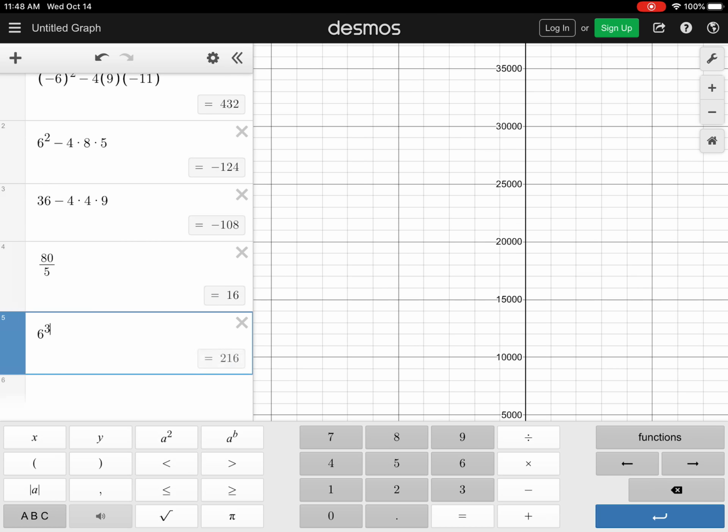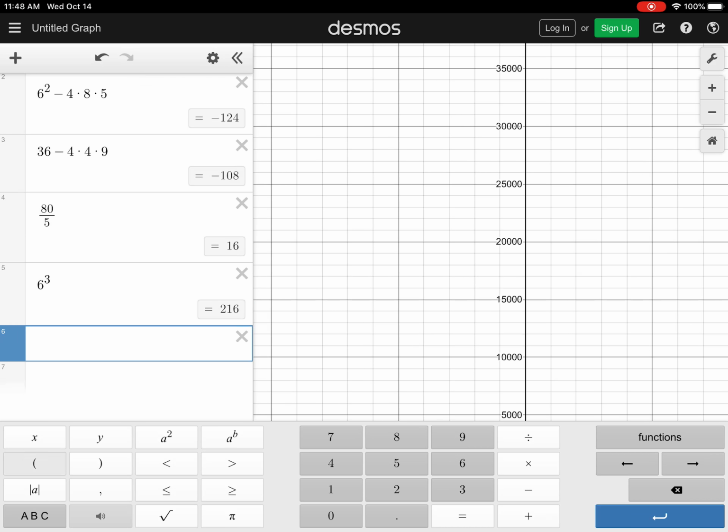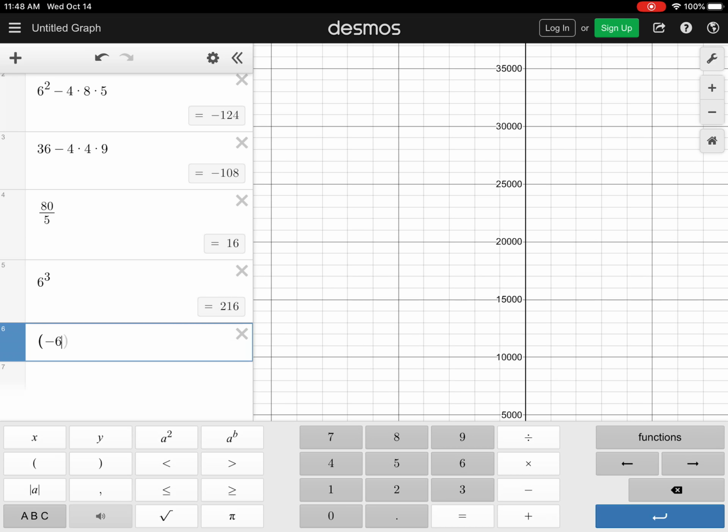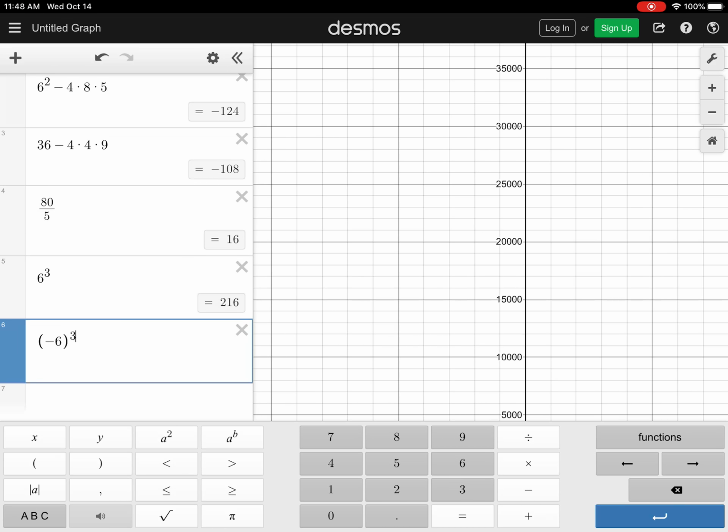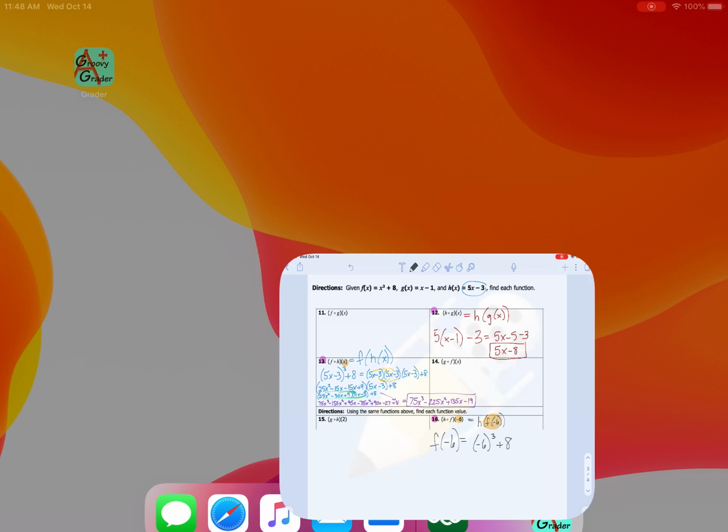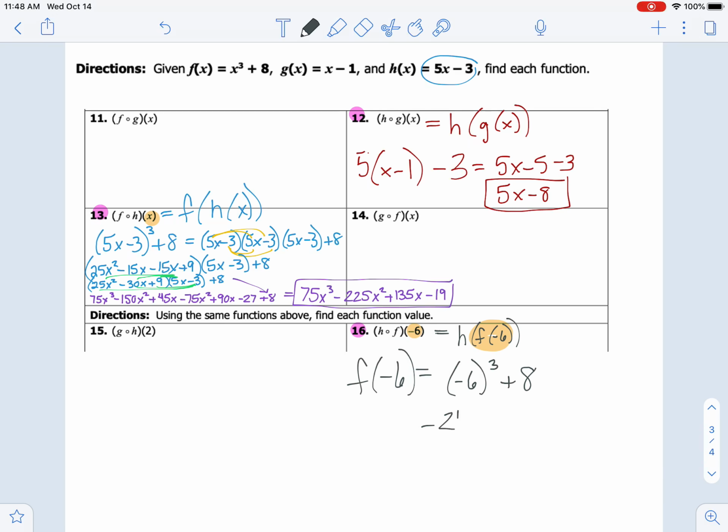Notice that if I had made it negative, it's still going to come out to be a negative because it's an odd power, okay? So keep that in mind. I know that it's negative because it's an odd power. -216 plus 8 will give me -208.